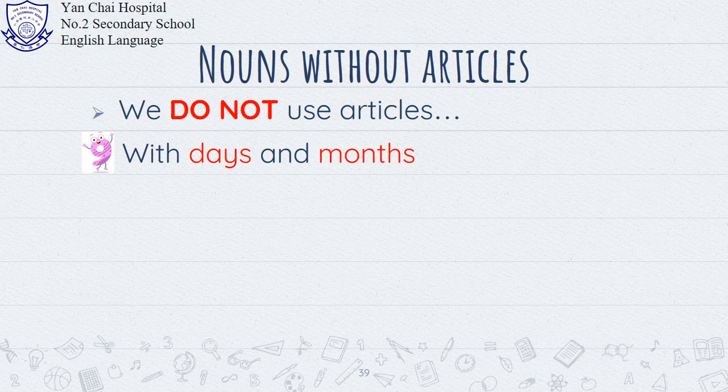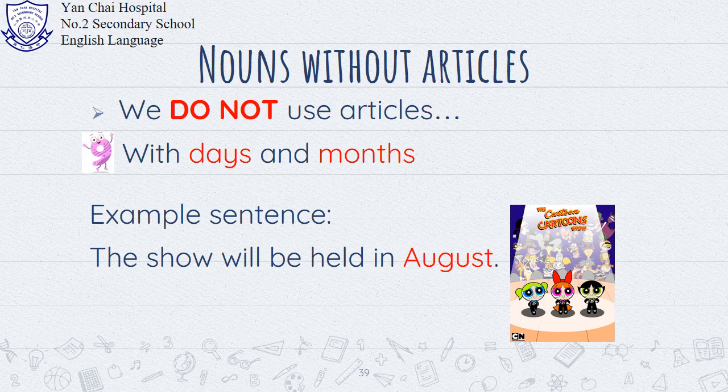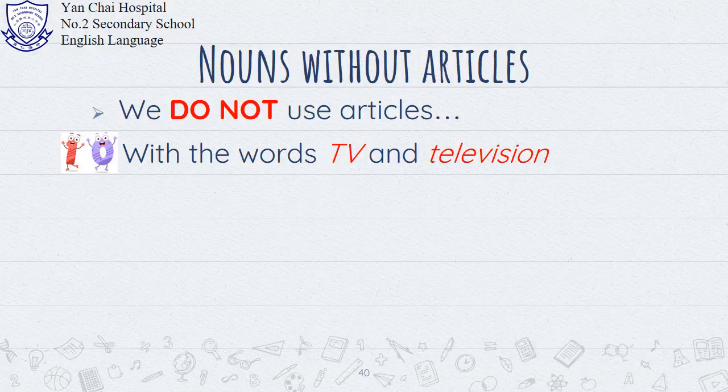We do not use articles with days and months. Example sentence: The show will be held in August. We do not use articles with the words TV and television.